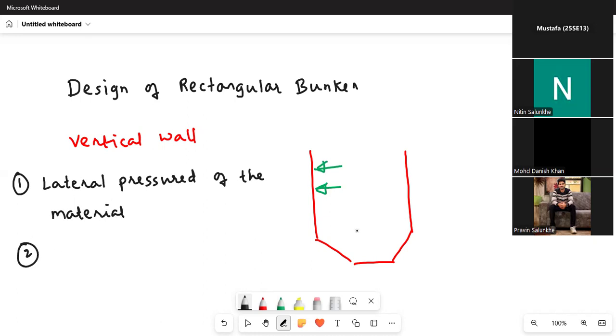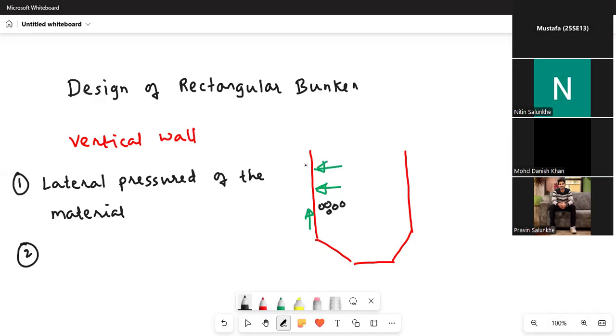And what is another pressure? The second one is friction force between material and the concrete surface. There will be some friction between the material and the concrete surface. The vertical wall is of concrete, so because of that friction you will have a frictional force acting vertically upward. So this is another force acting on the vertical wall.